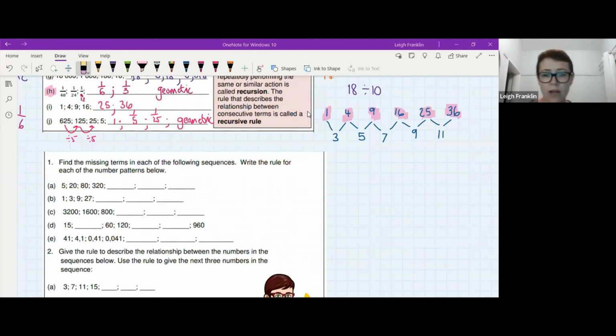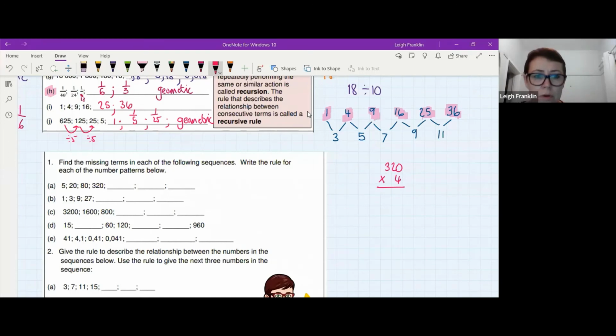So if I take 320 and I multiply it by 4, what am I going to get? Do you know how to calculate that?